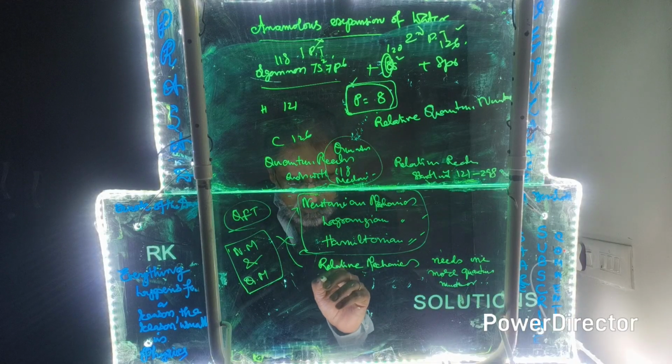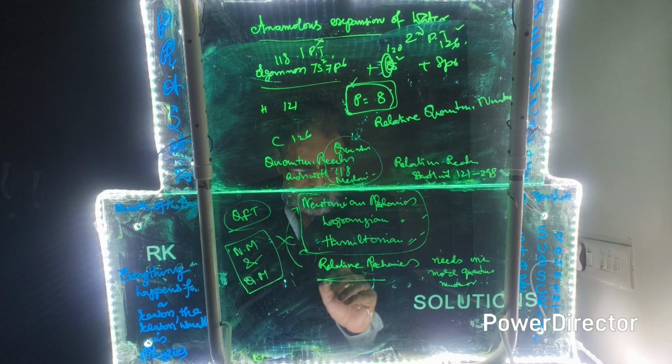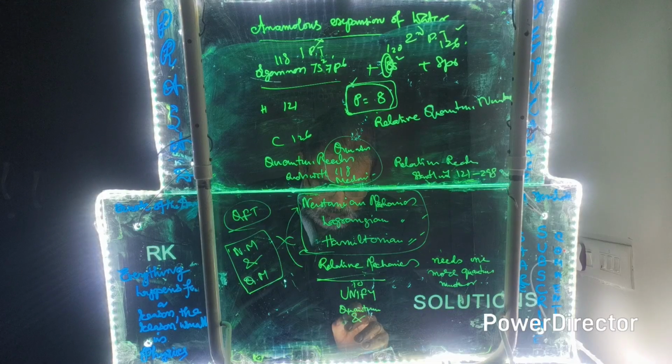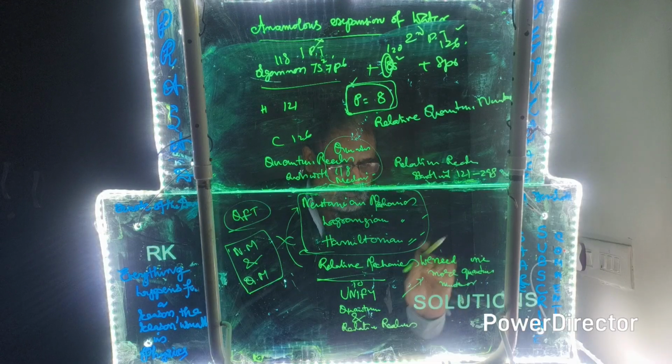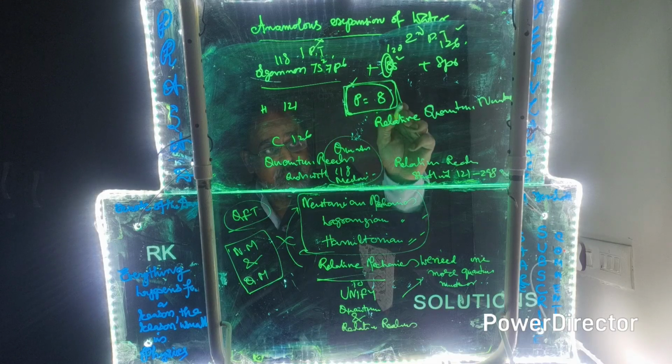And unless we include that quantum number, we cannot account for, rather unify, quantum and relative realms. We need one more quantum number. That is the eighth principal quantum number.